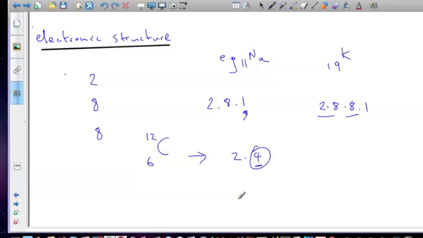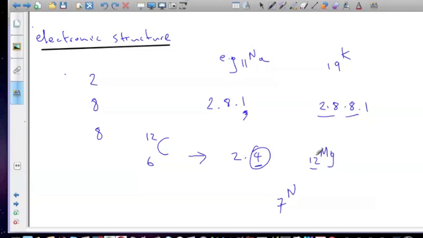Alright? So why don't you do the electronic structures of magnesium and nitrogen? And from that work out what groups they're in. So magnesium, you do that now. Pause the podcast.